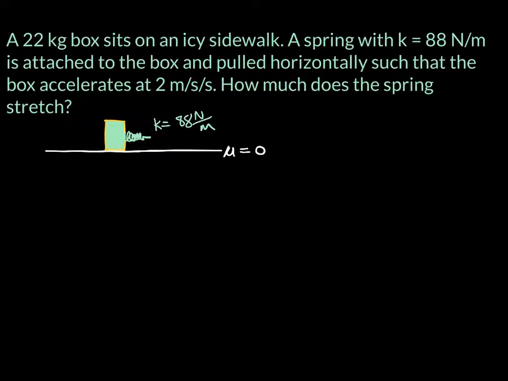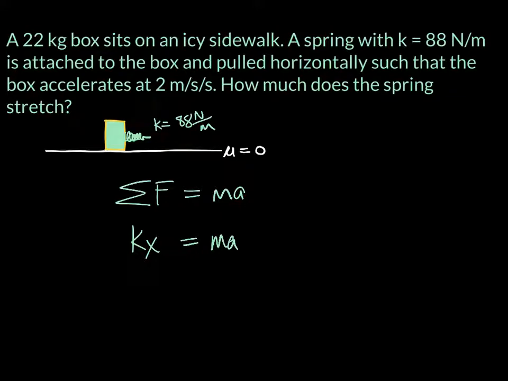So this one is a little bit of a trick. Sum of forces equals ma. Well, there's only one force, and the force that we're dealing with here is kx. That's Hooke's law. That's the only force we're dealing with. If there was some friction, then it would be kx minus friction. That would be the sum of forces. This has to equal ma. So kind of simple, actually.